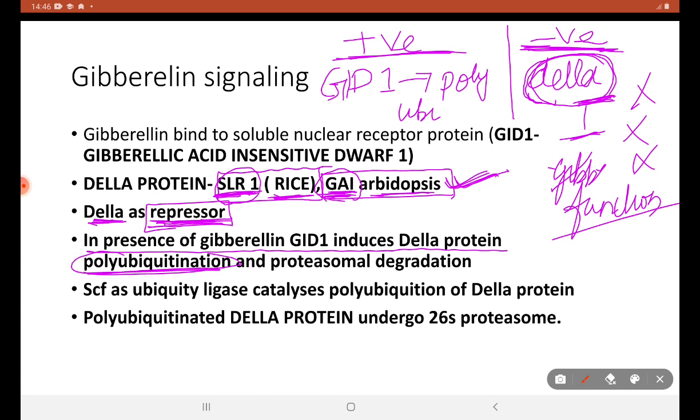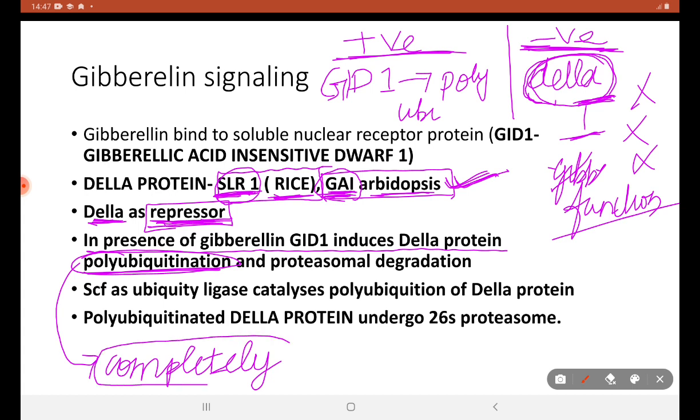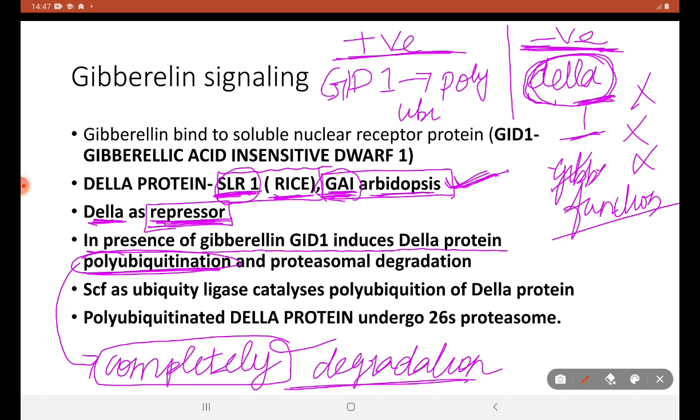It is nothing but complete degradation. If DELLA protein is completely degraded, then gibberellic acid functions will be expressed. Complete degradation is the meaning of polyubiquitinylation. This polyubiquitinylation occurs with the help of SCF.